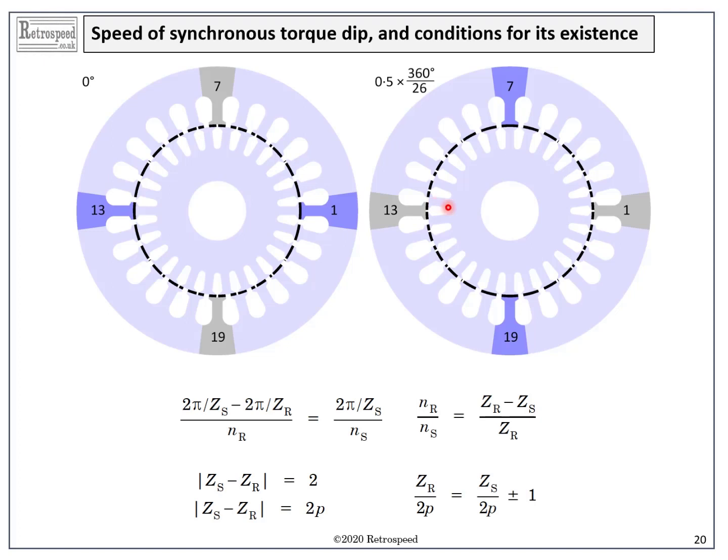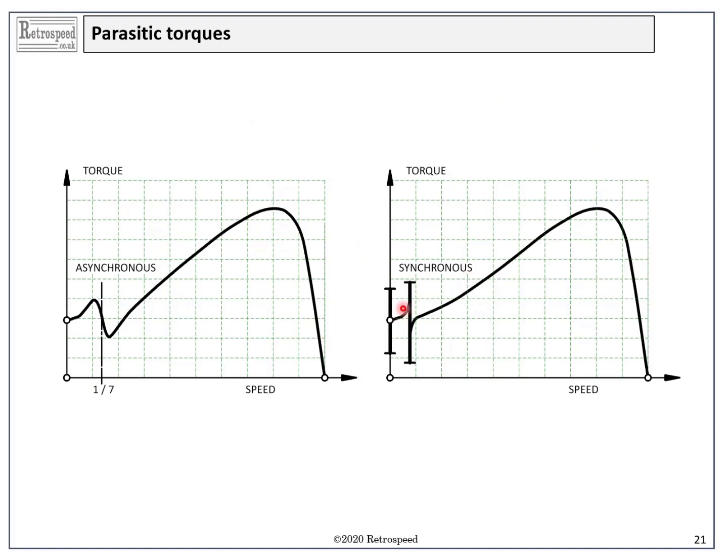This suggests that in the time taken for the MMF wave, let's say the fundamental MMF wave, to rotate 90 degrees, the rotor advances 6.923 degrees, so it will tend to rotate at 1/13th of the synchronous speed as a synchronous motor. That's the origin of this synchronous cogging torque dip at 1/13th of the synchronous speed.